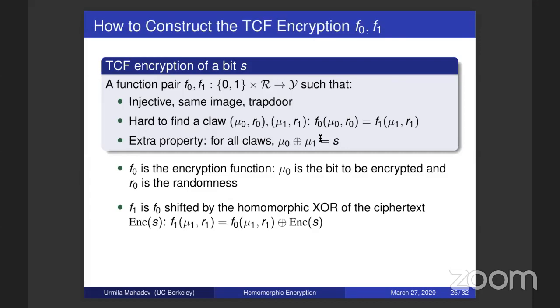I have a question. Do you still require an encryption of the trapdoor, starting with an encryption of this bit S, along with this TCF pair F0, F1? Which trapdoor? The trapdoor for this claw-free pair? Well, I haven't defined that yet. I'm starting with an encryption of a bit S, and then I'm going to create a TCF pair.